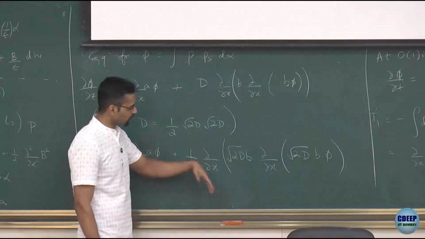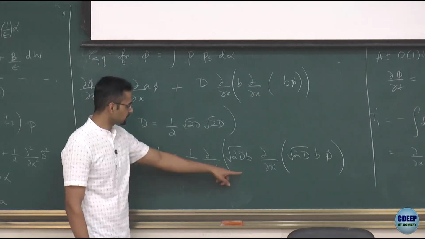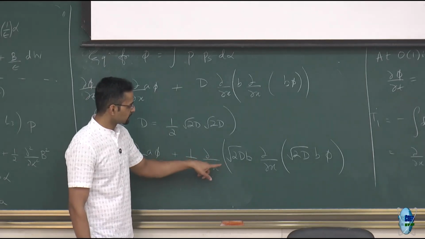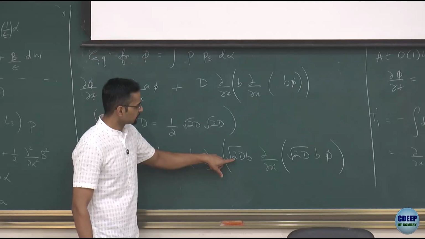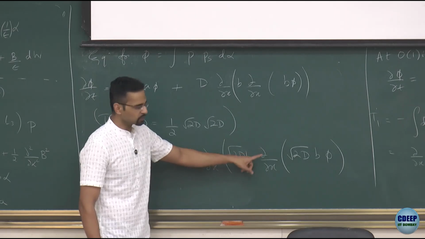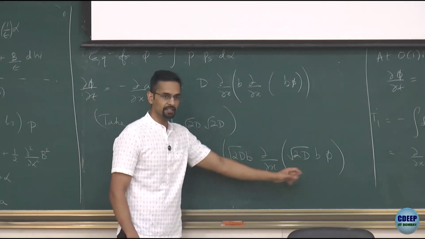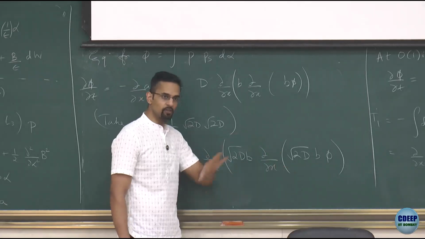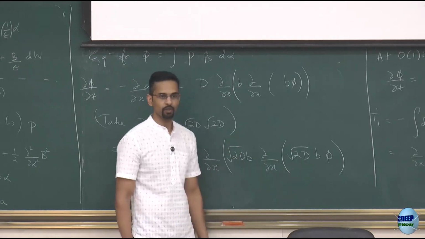If you forget that, you can expand out this term and rewrite it as half 2D B squared d square by dx square times phi. You can pull the whole thing inside. That will be the Ito form. And then you'll get a remainder that will give you the Stratonovich drift. So this is exactly the Stratonovich form of the Fokker-Planck.